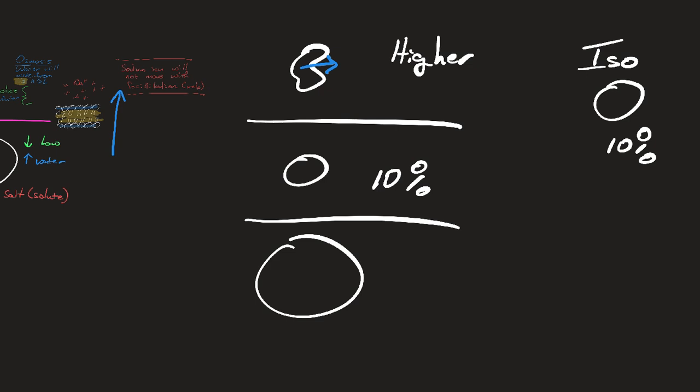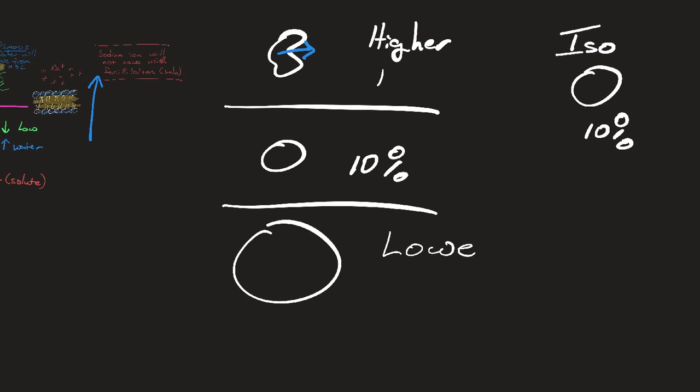And here, this must be lower than 10%. And I say higher, it could be anywhere from 10.00001 all the way up to 100%. Whatever. 10% is equal. These two have to be equal.